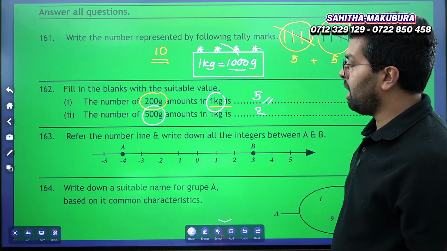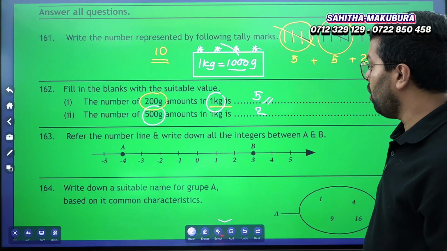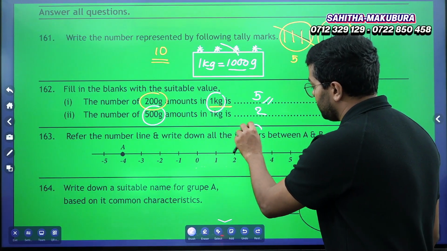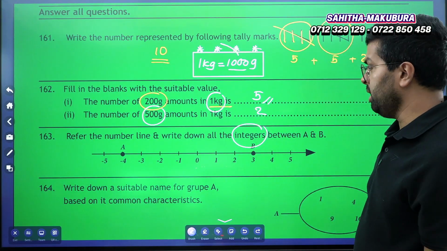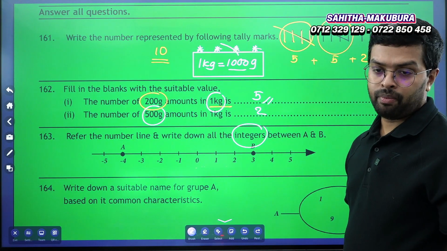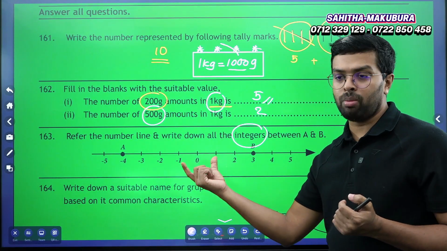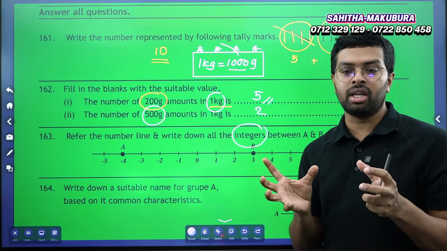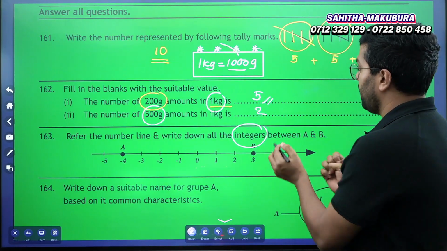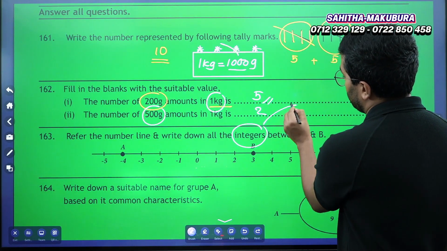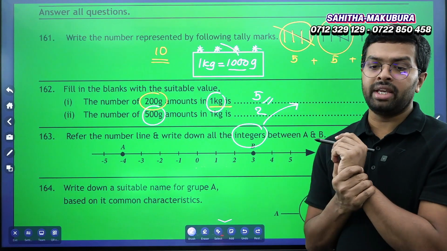Refer to the number line and write down all the integers between A and B. There are two things we need to understand here when it comes to representing numbers using number lines. First, what does it mean by an integer?